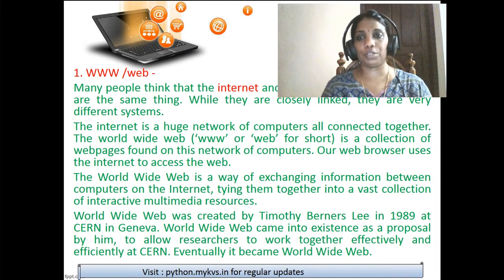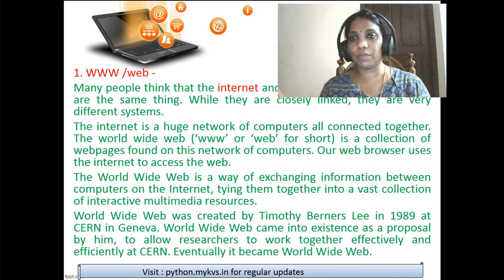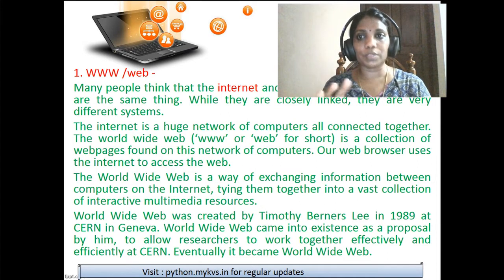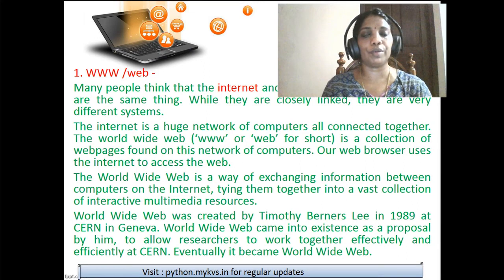So, two words in the introduction part: www and internet. Internet is nothing but a network of networks. www is the World Wide Web. It's a way of exchanging information between computers on the internet.